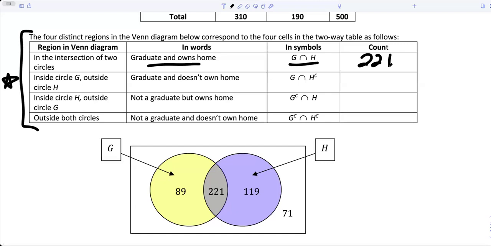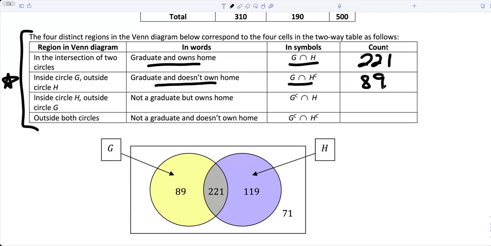Inside circle G, outside circle H. Graduate, and they do not own a home. So here's how we write this. It's G intersection H complement. Okay, so what is G intersection H complement? That means I'm in the G circle, but not in the H circle. So that would be 89.